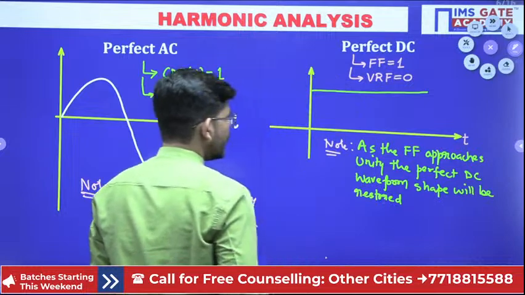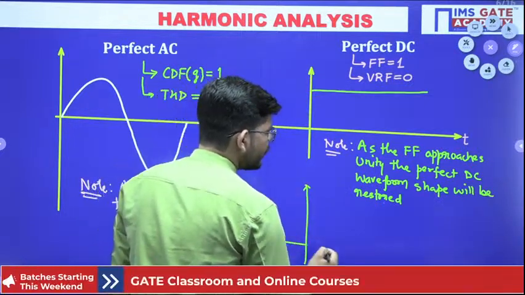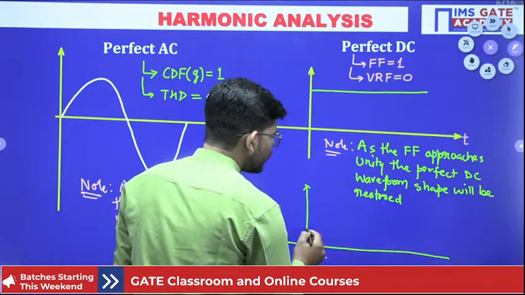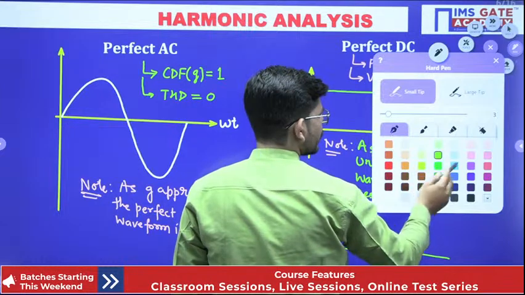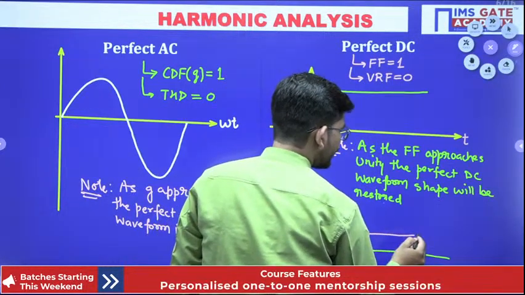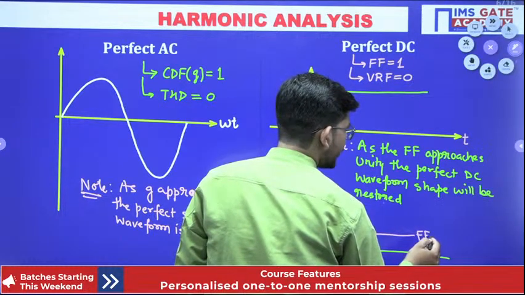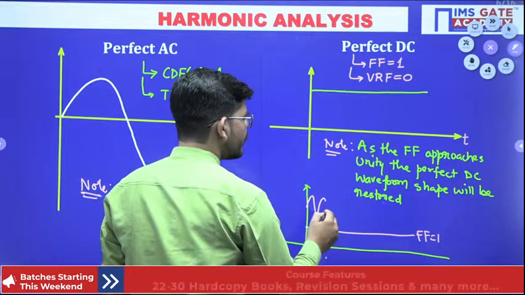isn't it? Let me talk about an example. Let us suppose I am drawing a few shapes. If I am drawing a perfect DC waveform, this is a perfect DC waveform, so the form factor has a value equal to 1. Let us suppose I am drawing this particular waveform.